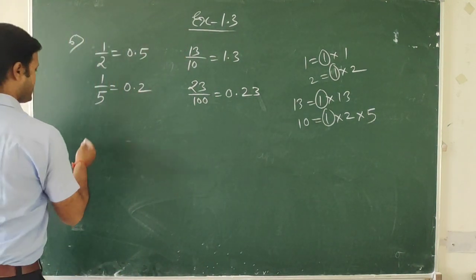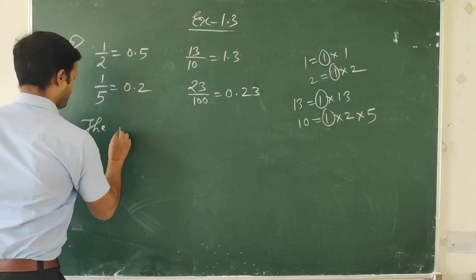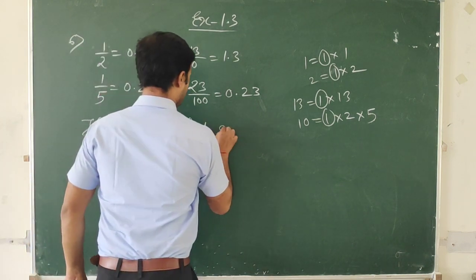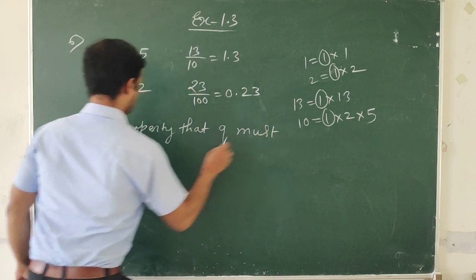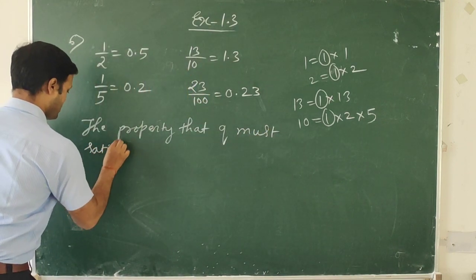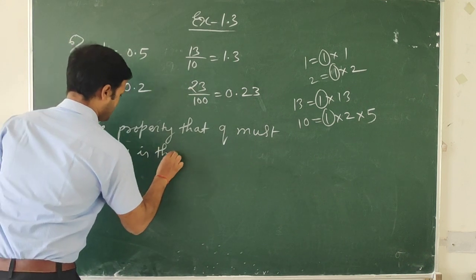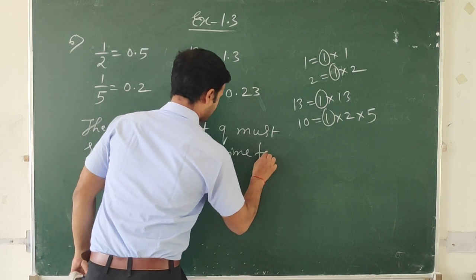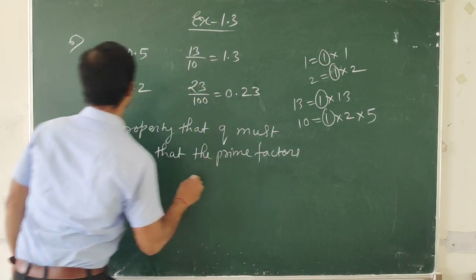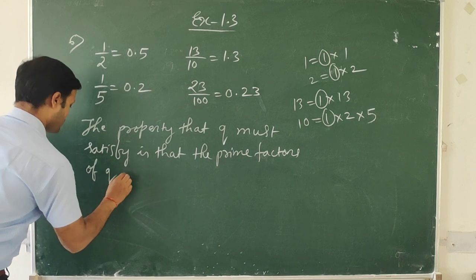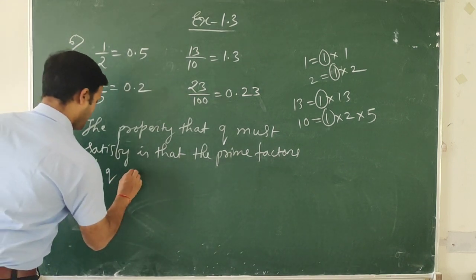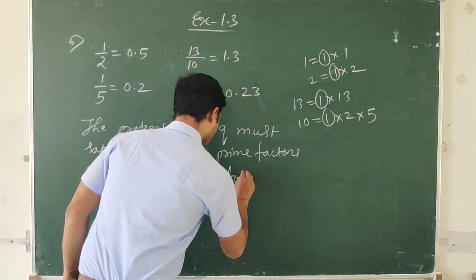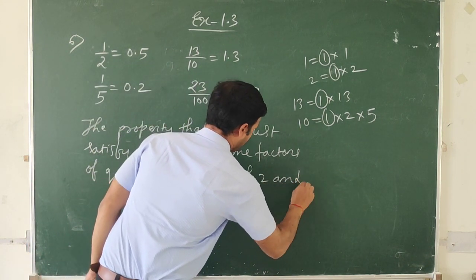The property that q must satisfy is that the prime factors of q are 2 or 5 or both 2 and 5.